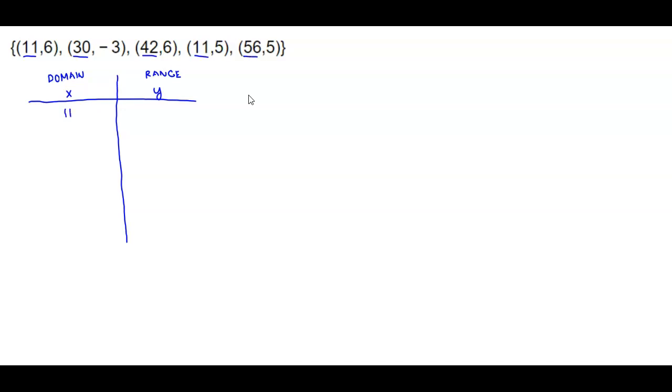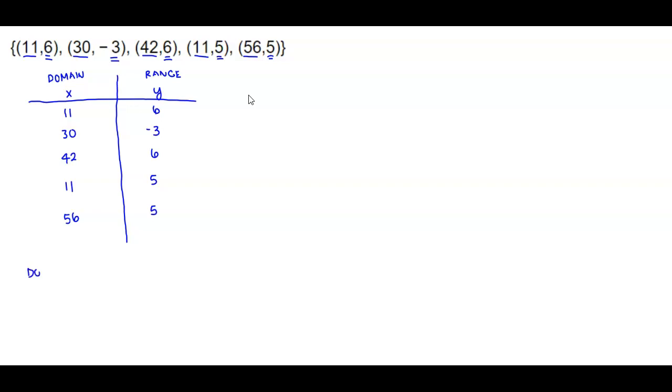So we have 11, we have 30, we have 42, we have 11, and then we have 56. And then the range is going to be the y values, or the y coordinates. So we have 6, -3, 6, 5, and then 5.